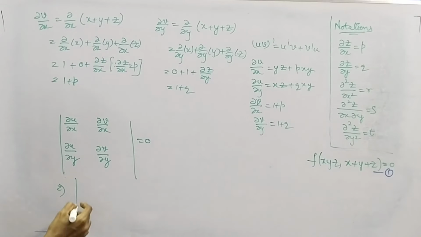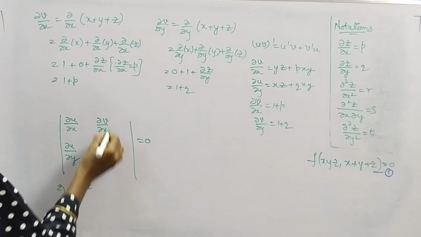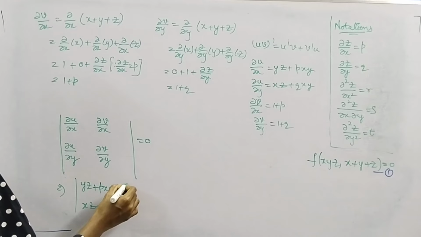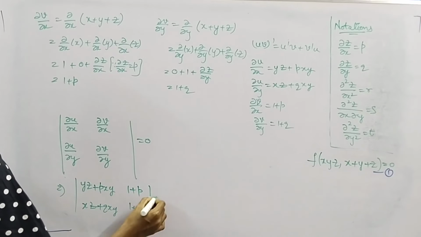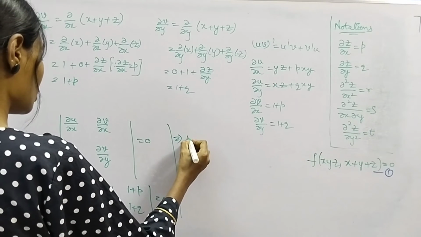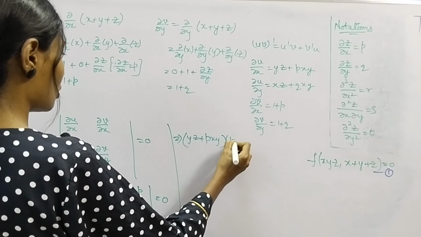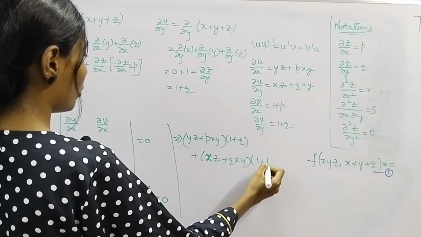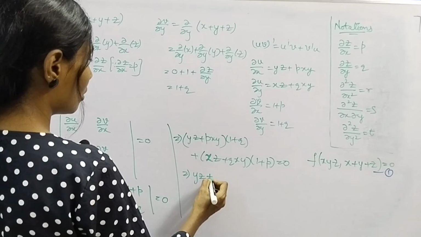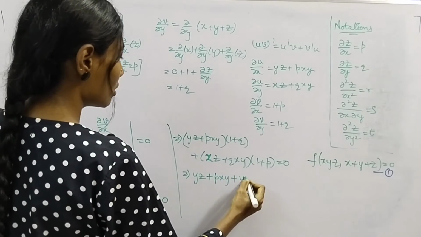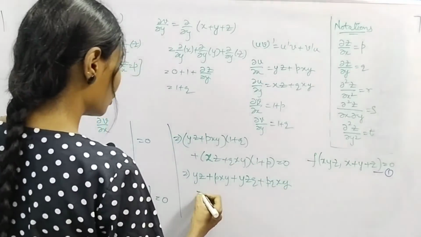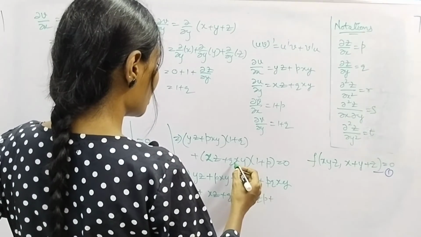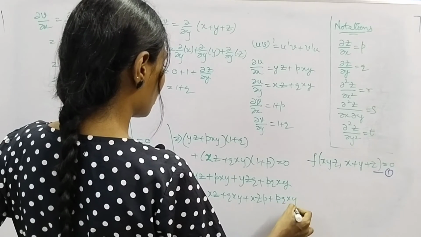So we got, just substitute the values, we'll get (yz plus pxy) into (1 plus q) minus (xz plus qxy) into (1 plus p) equal to 0, which gives us yz plus pxy plus yzq plus pqxy minus xz minus qxy minus xzp minus pqxy equal to 0.